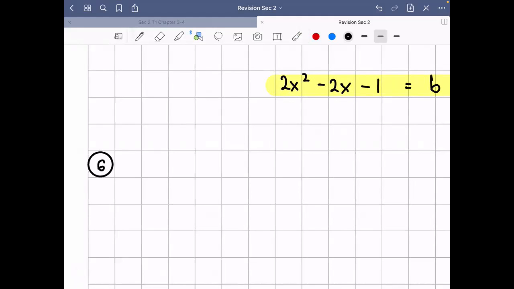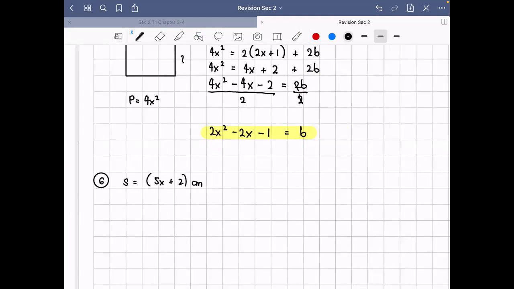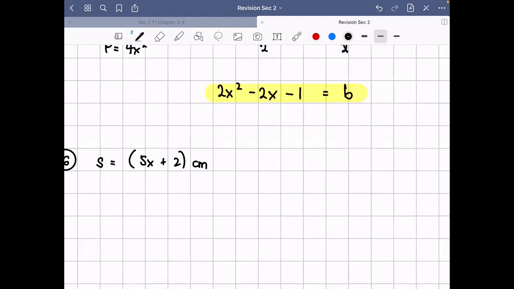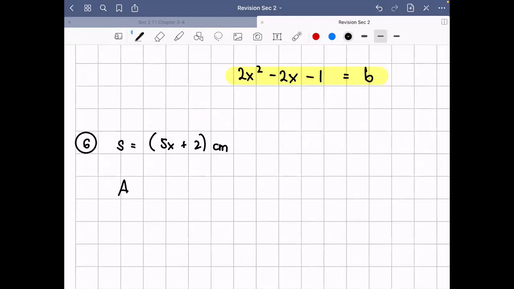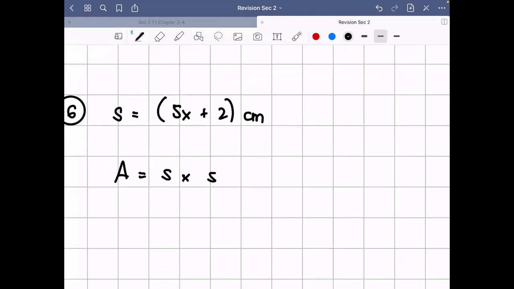The side of the square is equal to 5x plus 2 centimeters, right? So the question here is what is the area, right? The area of a square is equal to s times s, or s squared. Okay, so what's your answer here?